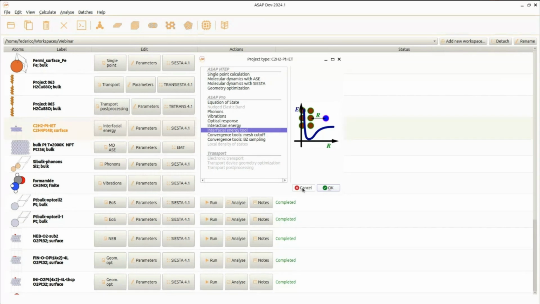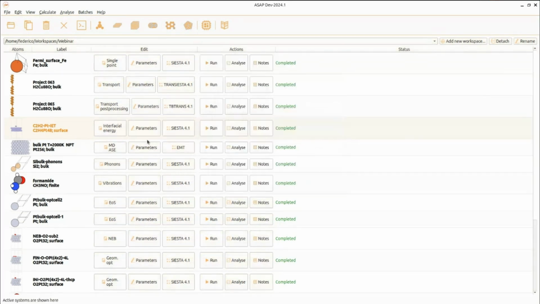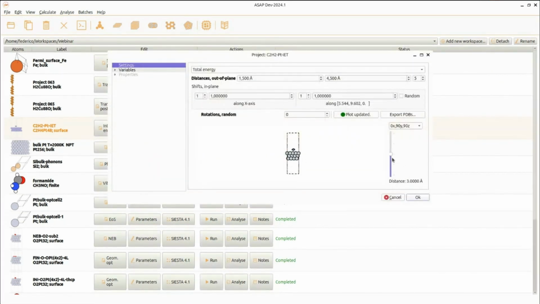The interface analysis tool, as I mentioned briefly in the introduction, is a method to calculate the energy profile of two systems, one displacing with respect to the other. And this is the settings widget, in which you can set up the minimum distance, maximum distance, number of steps. You can also include some displacement in some shifting plane and some rotation of the molecule during the process of putting the two systems together.